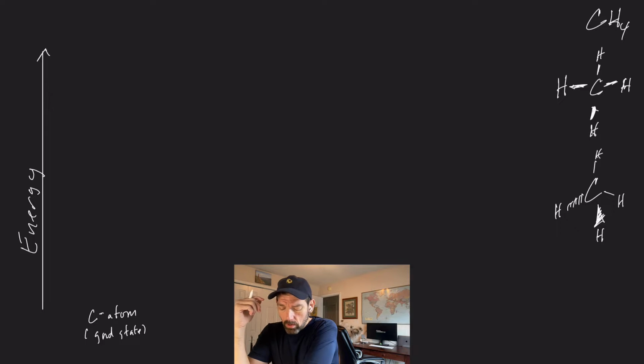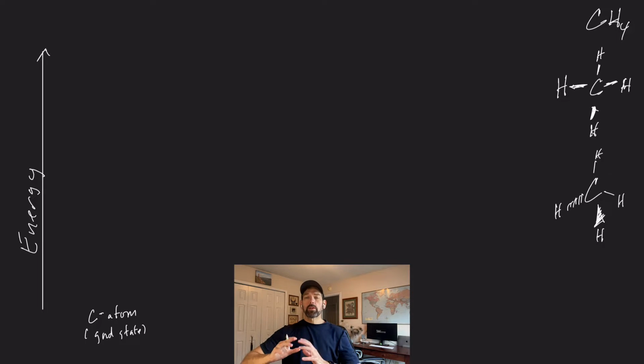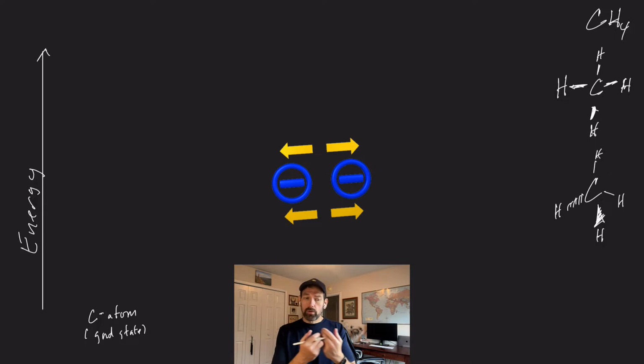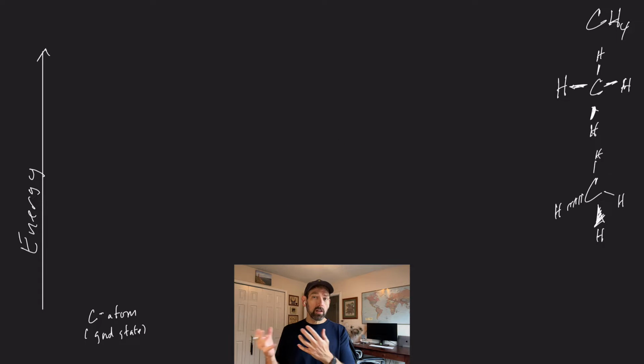Everything's always going to be from the perspective of what happens when it's at the ground state, this lowest energy state, to something that causes it to become excited. And what's usually going to cause it to become excited is that it's in a system, in an environment where something is pushing and pulling on it that causes a shift in electron density.